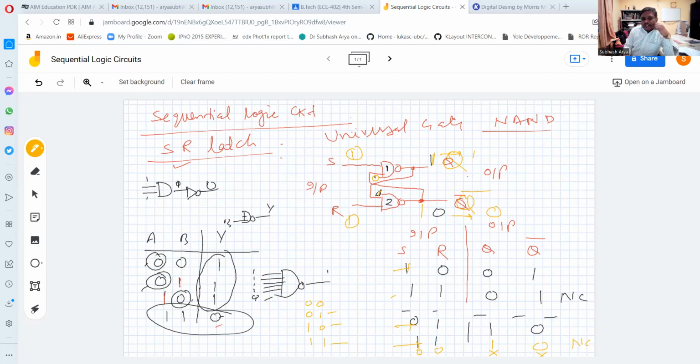Why? If 0, 0 makes both logic 1, but actually what happened? Although theoretically we are taking these two NAND gates, NAND gate 1 and 2, as identical, in practice they may not be identical. Why?